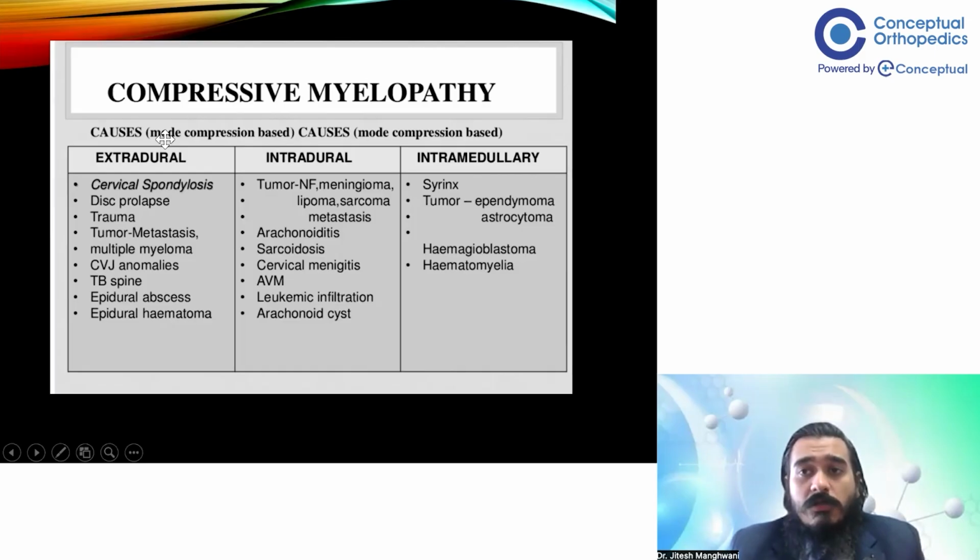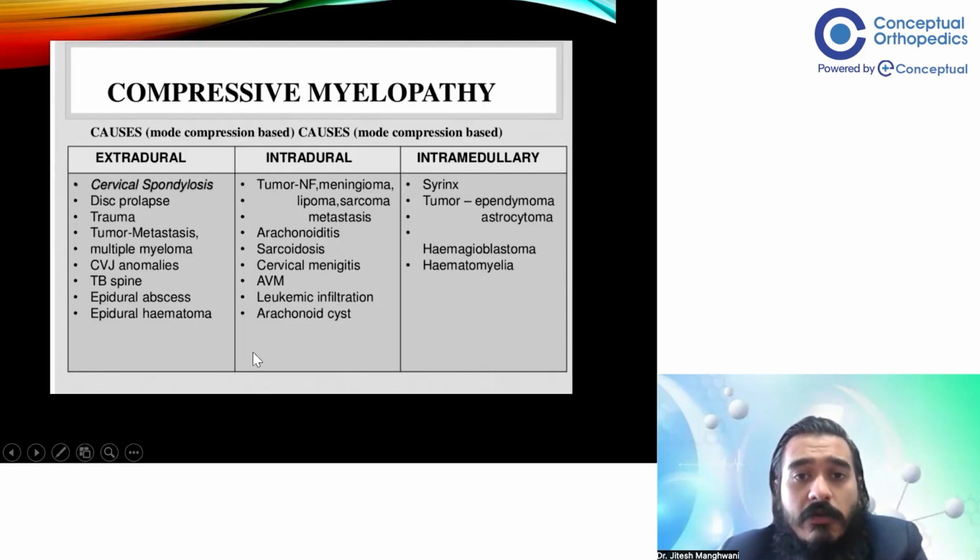And this is not something that may just be pertinent to the extradural causes. Some intradural causes may also be there, like intradural tumors like neurofibromatosis, meningiomas, lipomas, sarcomas, metastasis, arachnoiditis, sarcoidosis, cervical meningitis, AVM or arteriovenous malformations, leukemic infiltrations, arachnoid cyst.